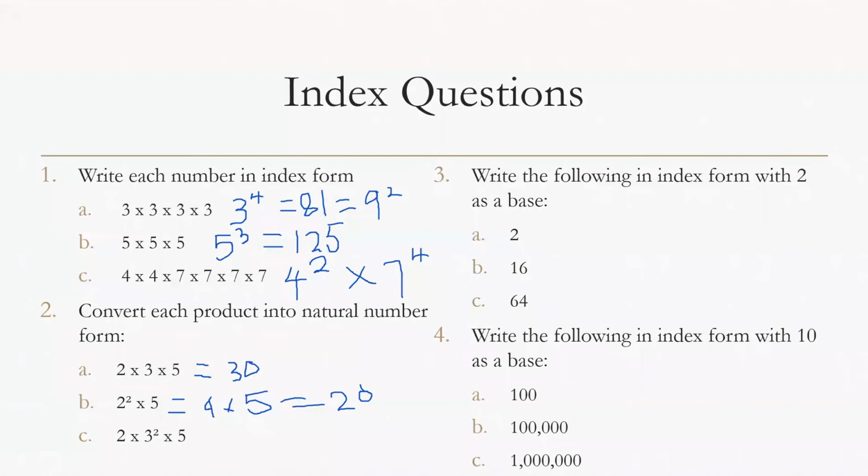Okay, Kiki, why don't you give this a shot? 90. 90, very good. Can you just tell me step by step how you got that? I did the 3 squared first, that equals 9, and then 2 times 5 equals 10, and then 10 times 9 equals 90. That's very good.